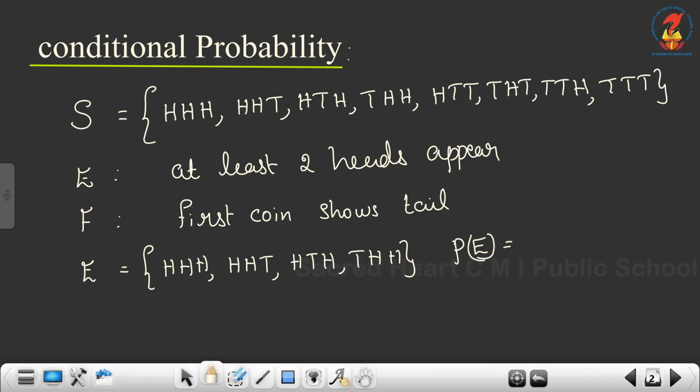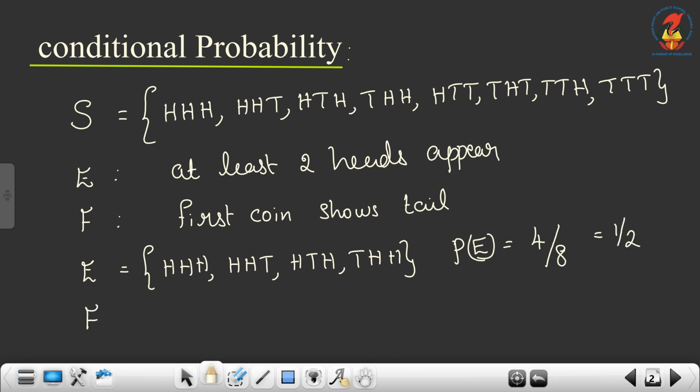Probability of E means number of favorable outcomes by total number of outcomes. So 4 favorable outcomes, that is in E there are 4 outcomes. So 4 out of the total number of outcomes. Total number means from the experiment, the sample space, in sample space there are 8 outcomes. So 4 out of 8, that is 1/2.